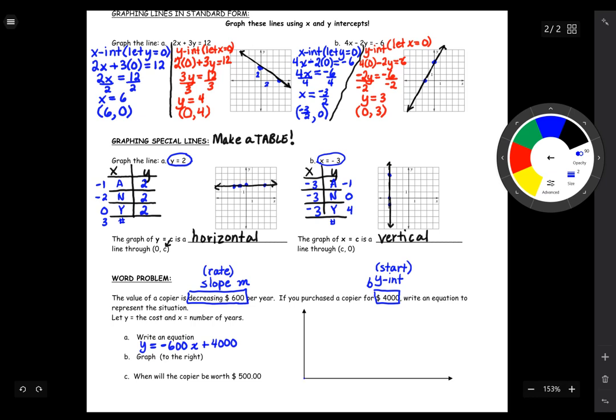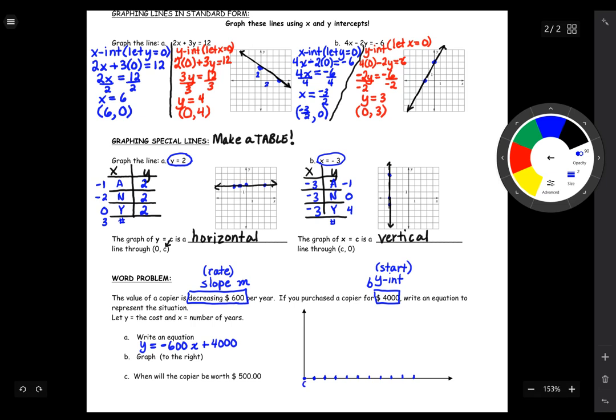So 0, 1, 2, 3, actually 4. You want to try and be as even as possible. So that's 1, 2, 3, 4, 5, 6, 7, 8, 9, 10, just because I felt like it.